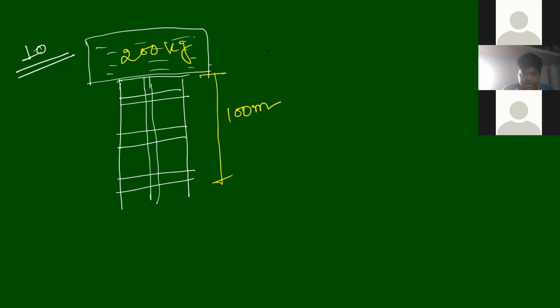So we can say that the mass of water equals 200 kg, right? The height at which the water reservoir is placed is 100 meters. In this question, calculate the potential energy stored. To find the potential energy, the value of g is given as 9.8 meters per second square.